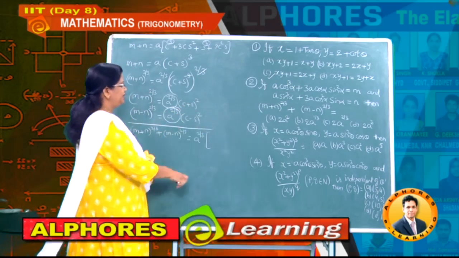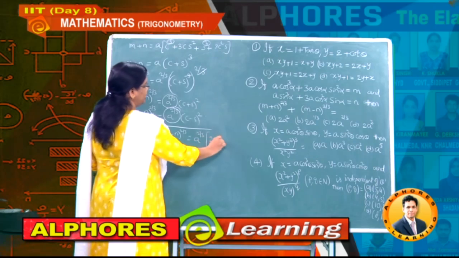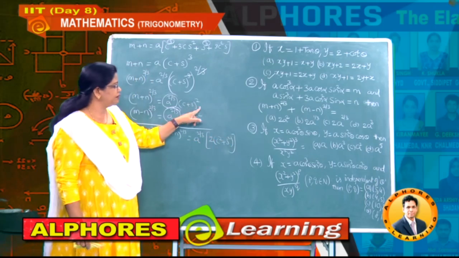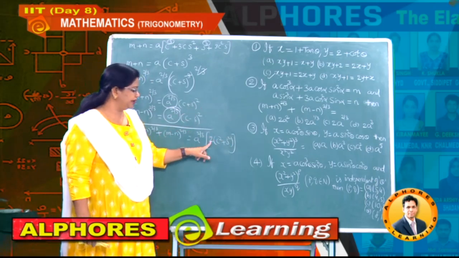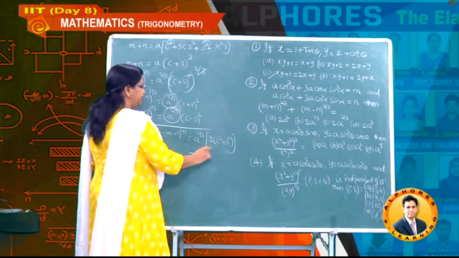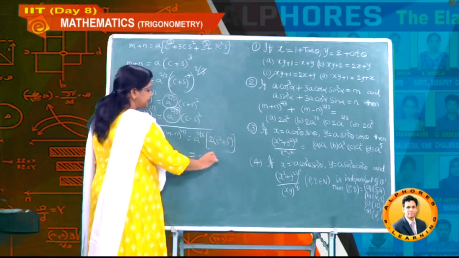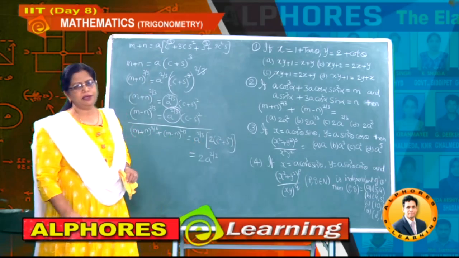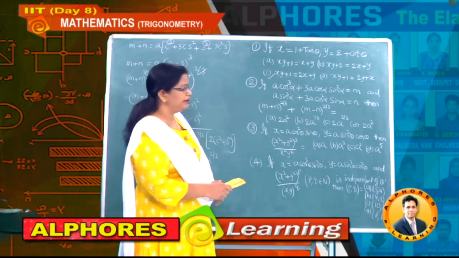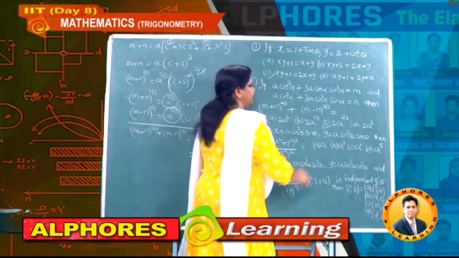We observed the algebra formula: it is 2 times a square plus b square. Understand? So we eliminated the parameter. So what is the answer? 2 times a power 2 by 3. Understand students? So which answer is right now here? Third option is the right answer.